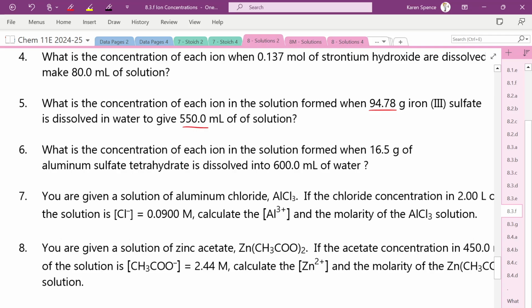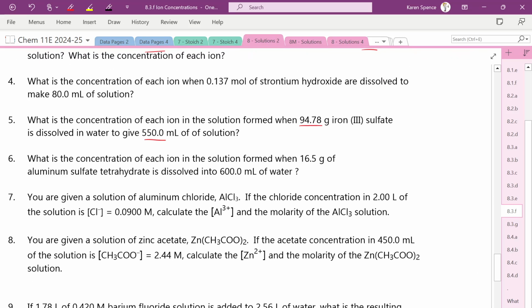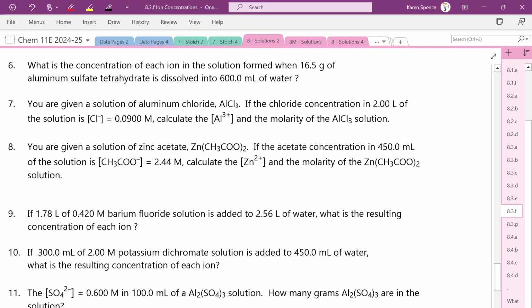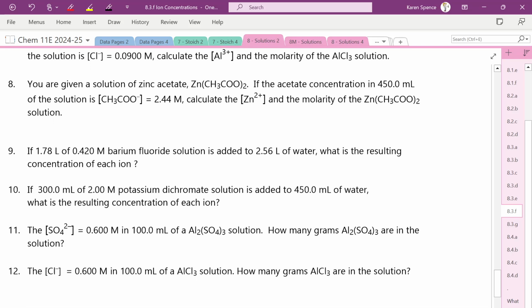In number 7, we give you the chloride ion concentration and ask you to find the original thing. Number 9, we do a dilution and then ask you for the ion concentrations. And number 11, oh boy, how many grams of Al2(SO4)3 are there in the solution?